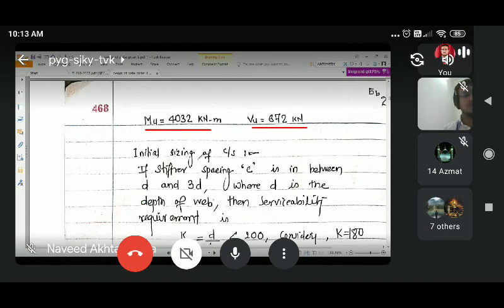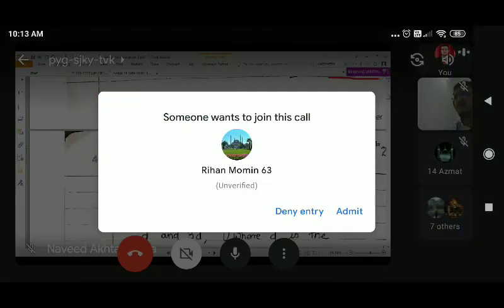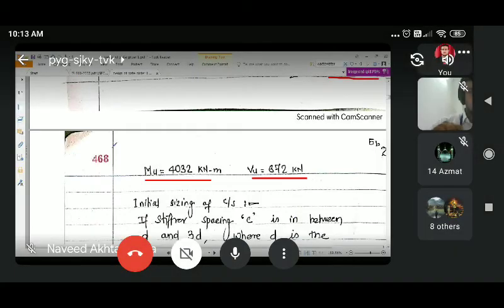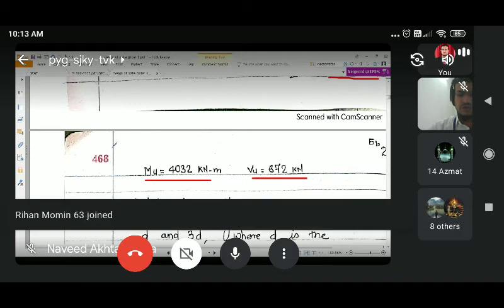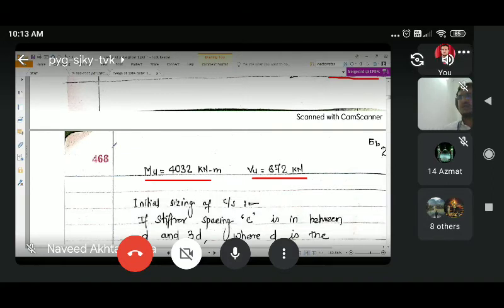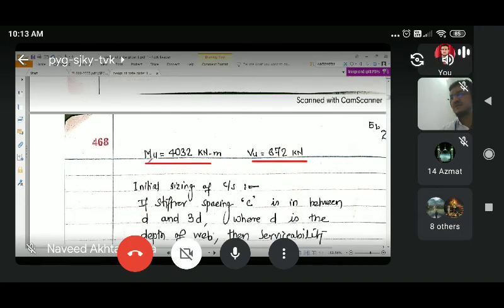Then step number 1 is completed. Step number 1 is generally to calculate the forces, finding out the maximum bending moment and maximum shear force, and then we will start the design.